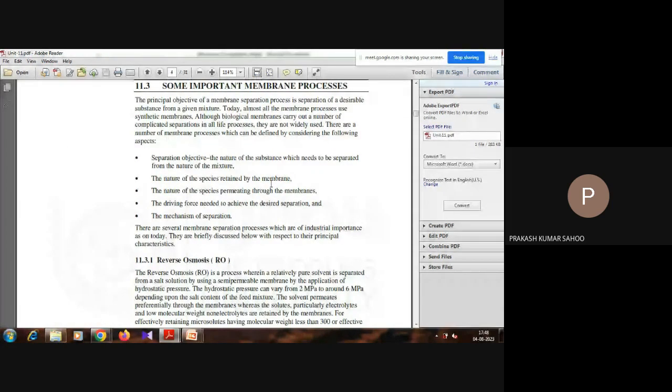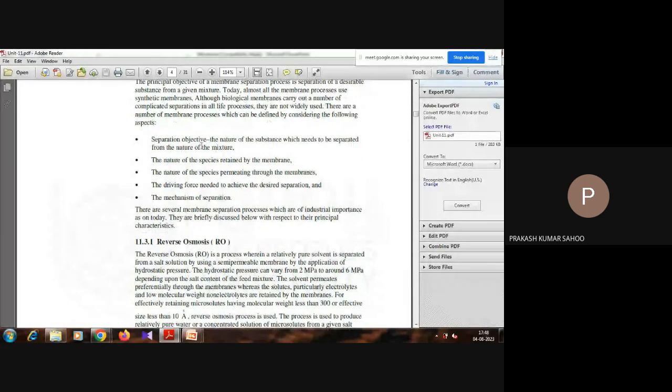Some important membrane processes include the separation objective, the nature of the substance which needs to be separated from the mixture, the nature of the species retained by the membrane, the nature of the species permeating through the membrane, the driving force needed to achieve the desired separation, and the mechanism of separation.